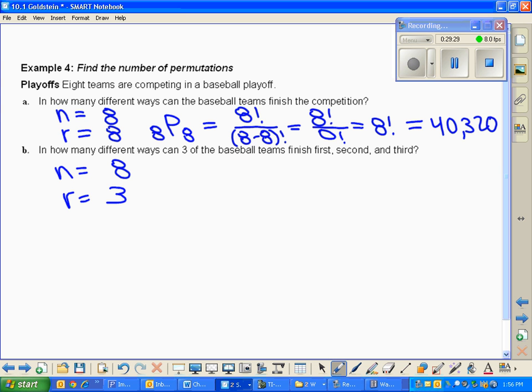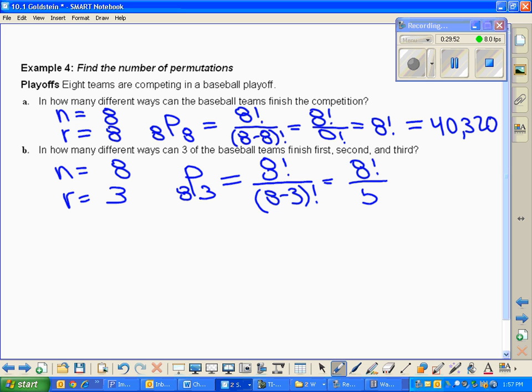So in this case, we have 8 factorial over, what does the bottom look like? 8 minus 3, I heard that. Thank you. 8 minus 3 factorial. So we're left with 8 factorial over 5 factorial.